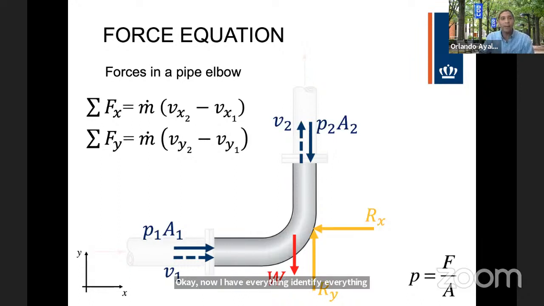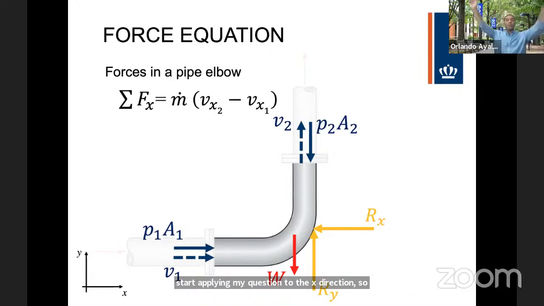So now I can apply my equation. I'm going to start with the X direction. So what do I have in the X direction? The question is, how many of those vectors in my drawing are pointing in the horizontal direction?